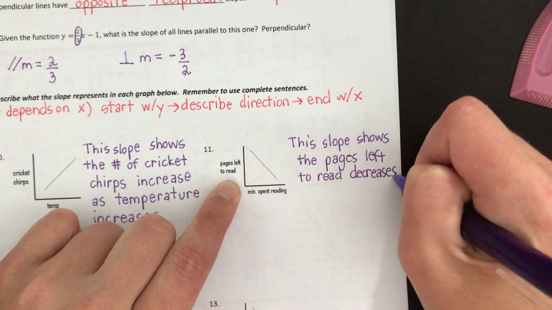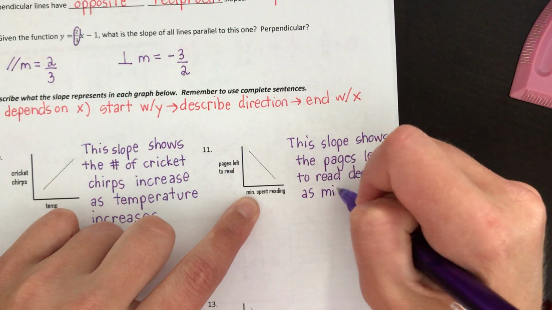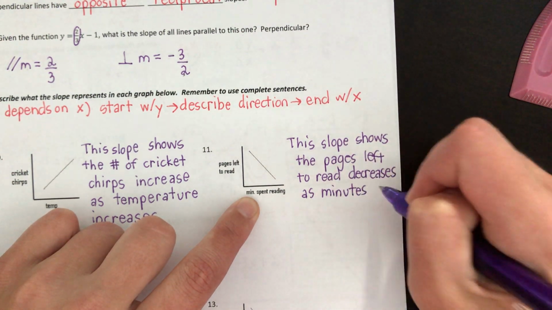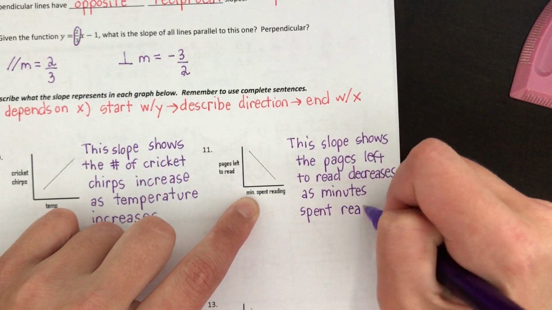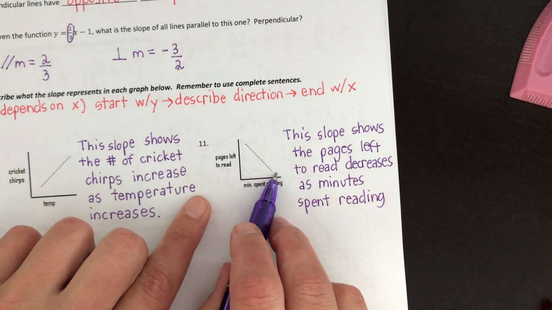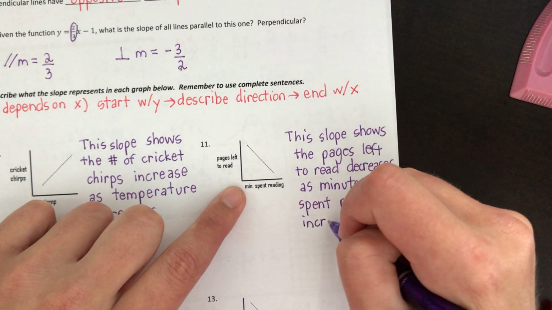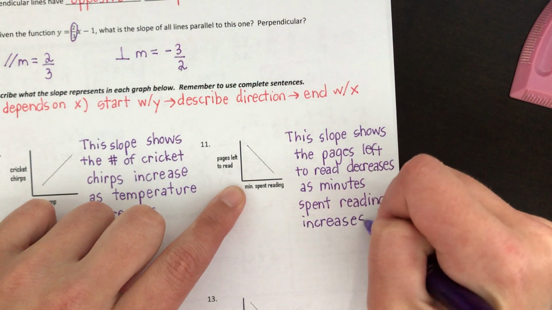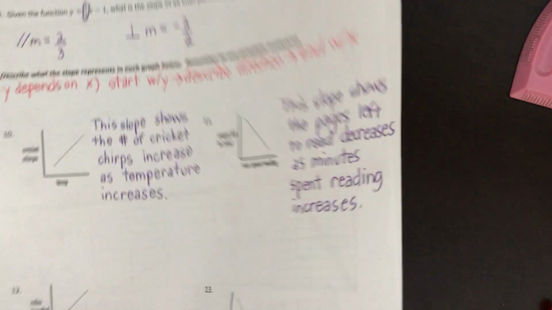Pages left to read decreases as minutes spent reading. Don't be fooled here. What's happening as I go left to right to my x's? They are increasing. As minutes spent reading increases. Okay, as I go left to right, my x values are increasing.